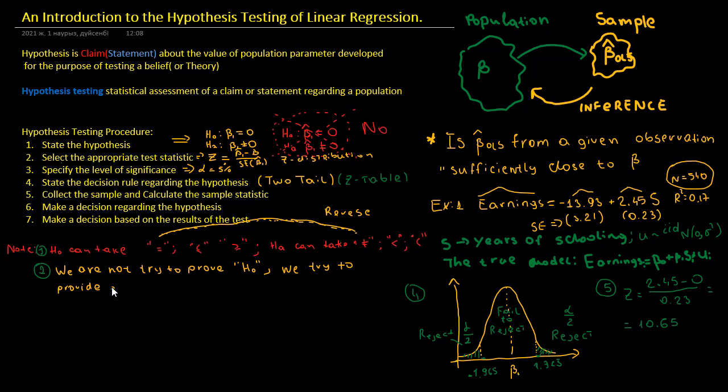In step 6, we are comparing. We compare the test statistic with the table value, and we notice that 10.65 falls into the rejection area.